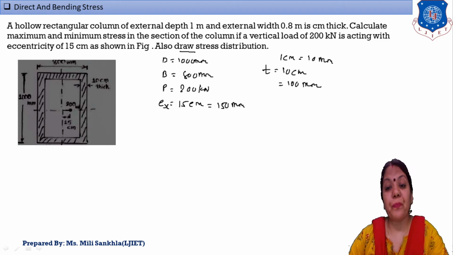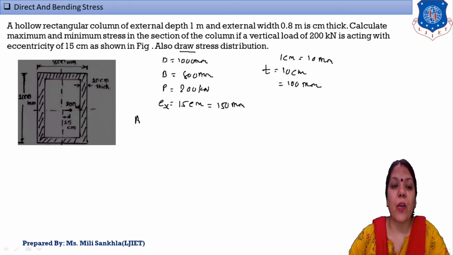Now in this example internal dimension is not given, so first of all we find out small b. What is the equation of capital B? Capital B is equal to small b plus 2 times thickness. That means small b is equal to B minus 2t.